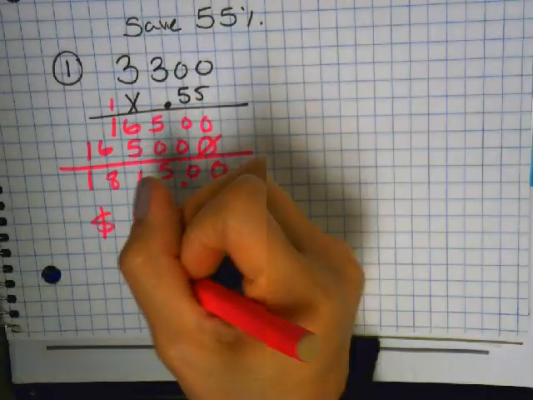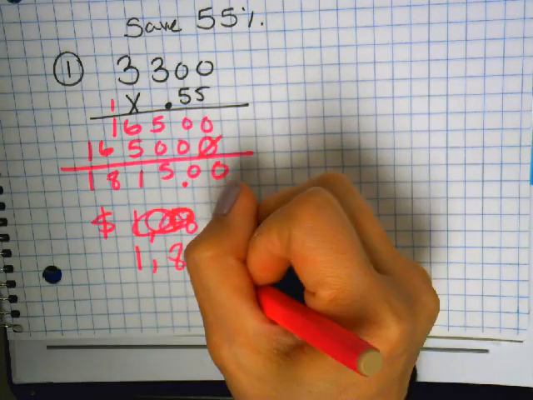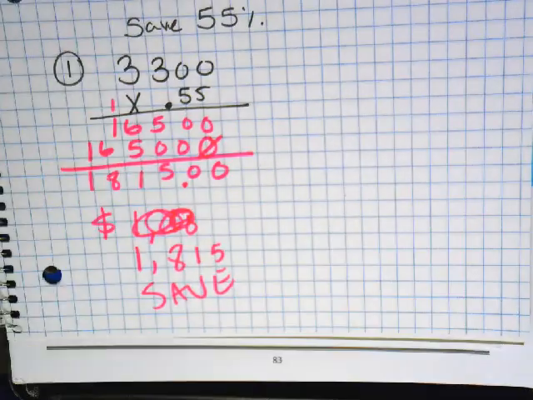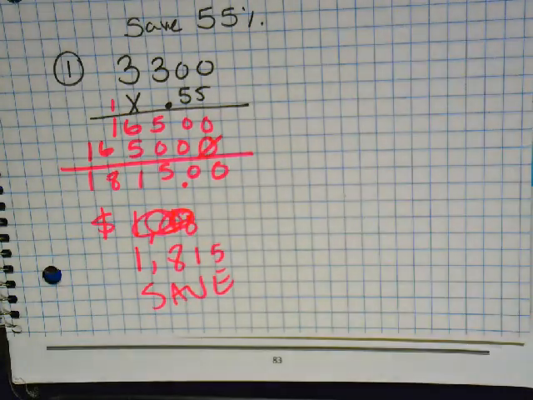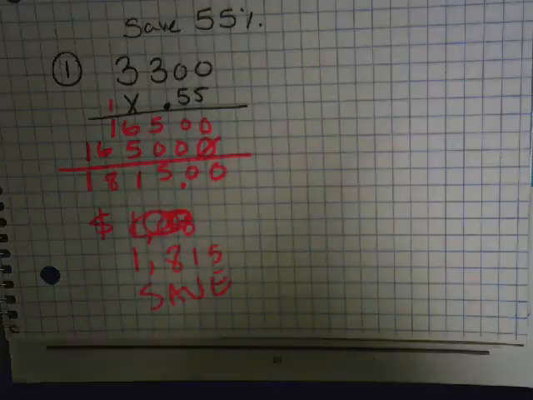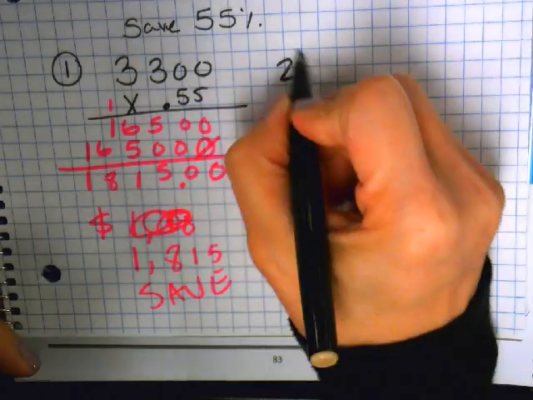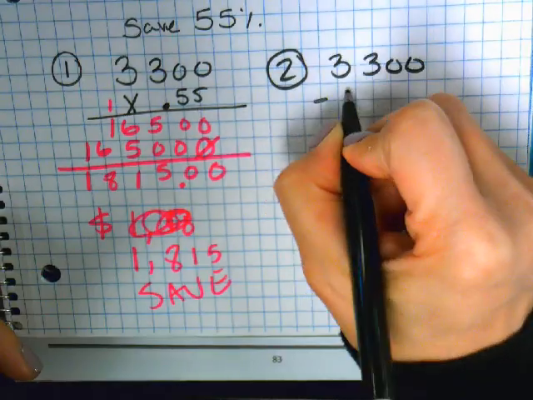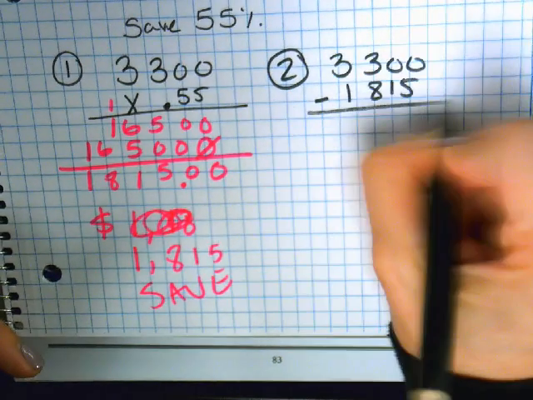Okay, 1,815. That's what I got. That is how much you save. Yes, I got that too. 1,815. So step number 2, take your original price and you're going to subtract 1,815 from it.